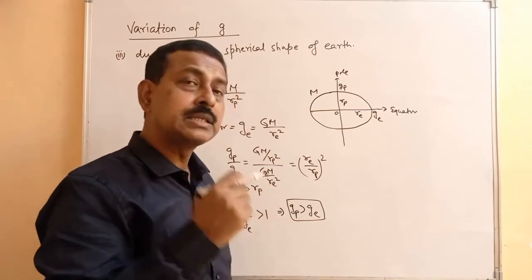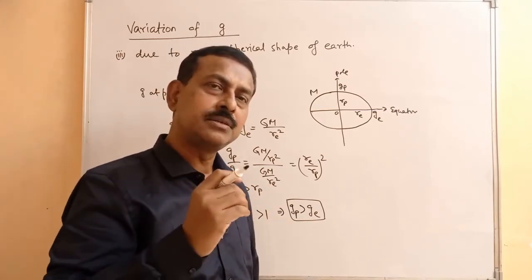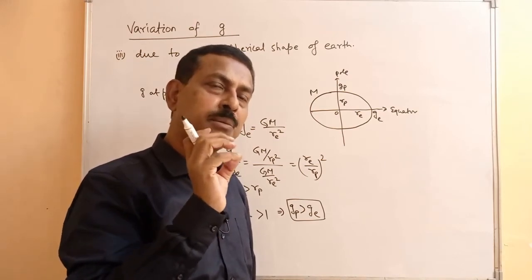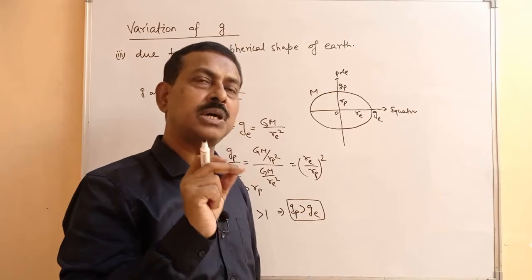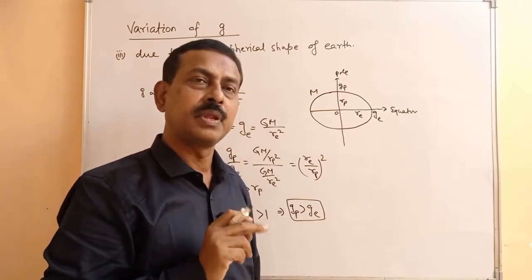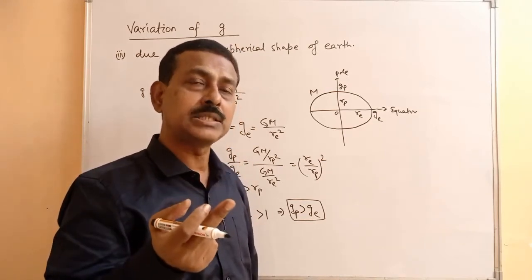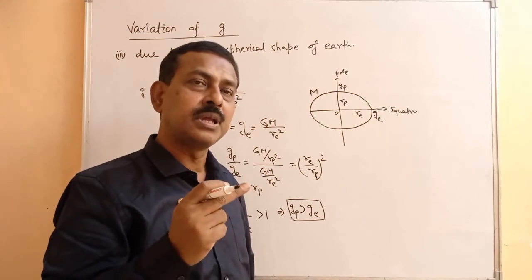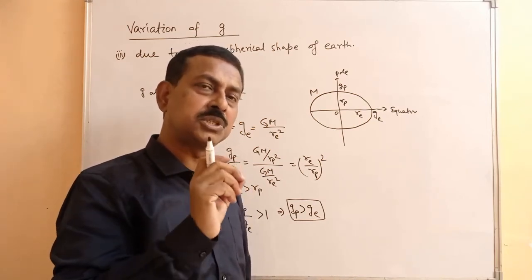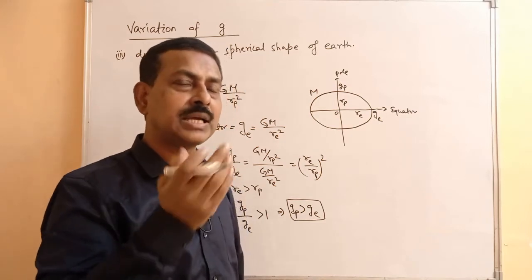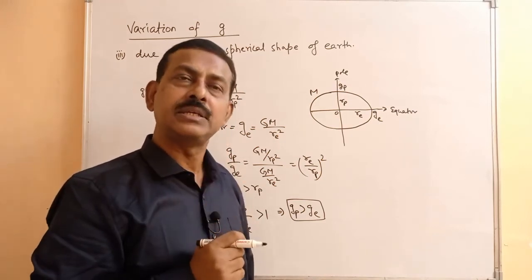In the second case, if you go inside the Earth, not only is the effective mass of the Earth decreasing, but the distance from the center is also decreasing. But the effect of mass is more prominent compared to the distance from the center. That is why acceleration due to gravity ultimately decreases there.